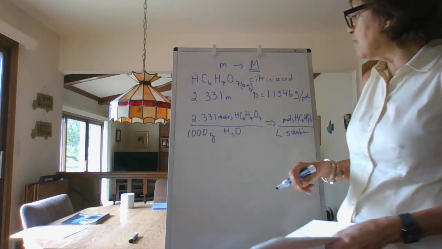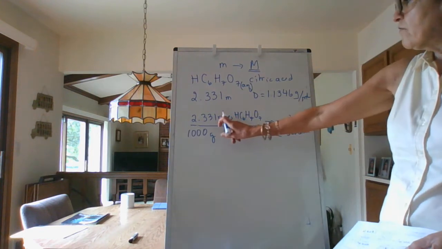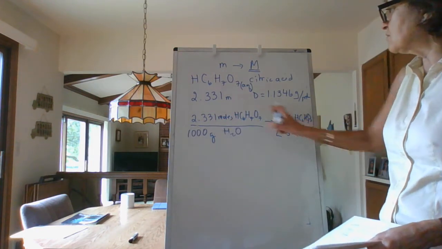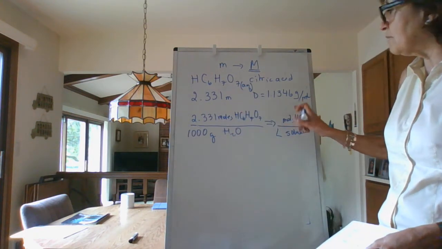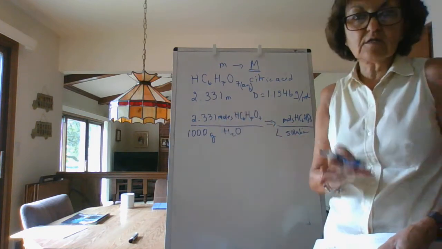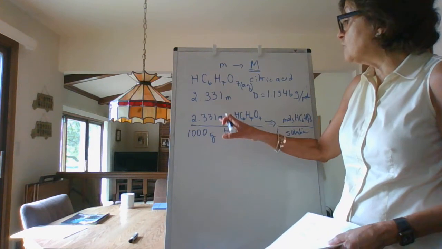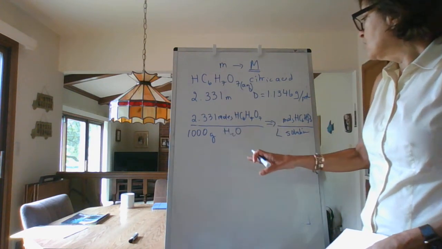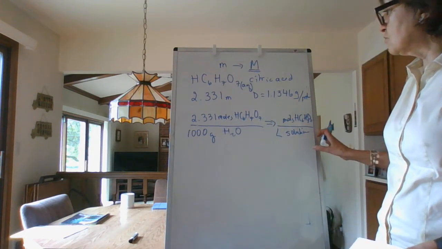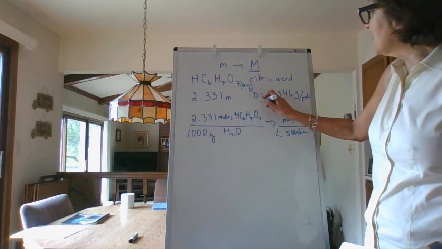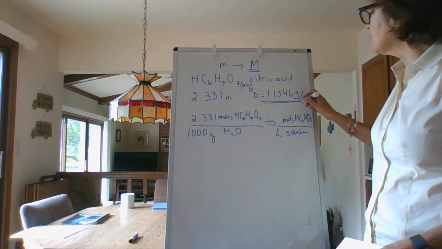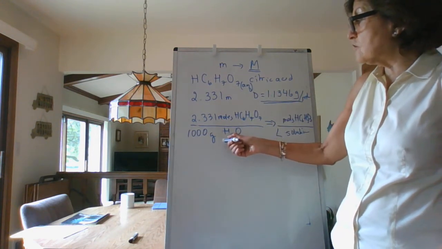So we're going to have to do a number of things here. This number will be the same. So we're going to take this number, put it on the top. So we now have to focus on the denominator. How do I change grams of just water to liters of solution? And this density, I can only use it for the whole solution, not for just the water.